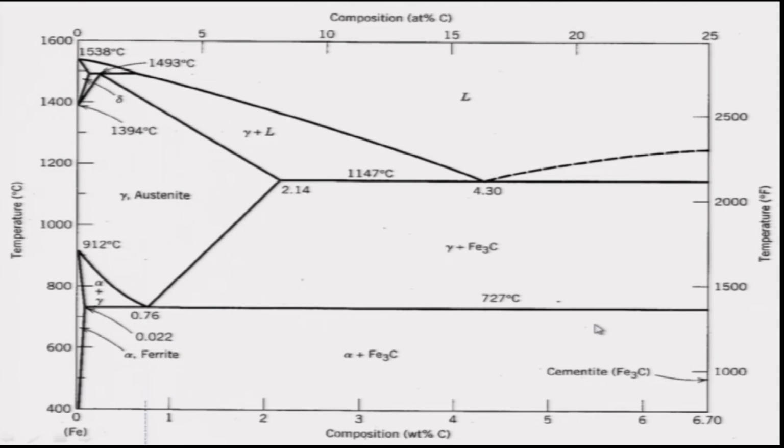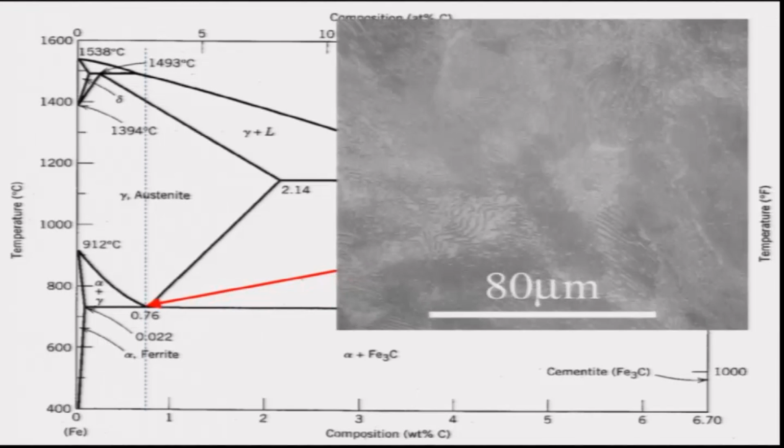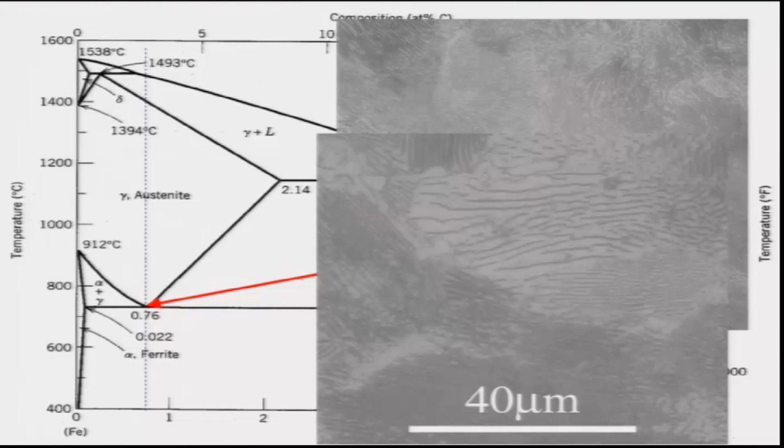And finally, of more interest to us right now is the eutectoid composition itself, where all of austenite transforms to pearlite through the eutectoid reaction, gamma going to ferrite plus cementite, and the microstructure one would get would be pearlite everywhere.